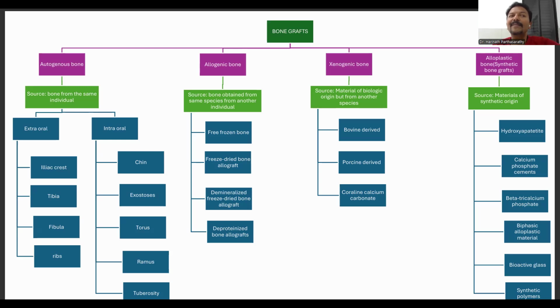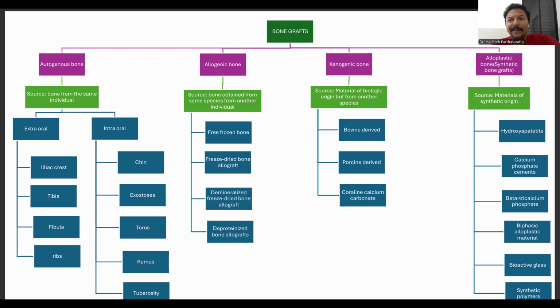So xenogenic bone grafts, as I told you, have significant advantages. They have a very similar bone structure to human bone. They are available in huge quantities. They are relatively inexpensive when compared to other kinds of bone grafts. Of course, the mild drawbacks are very rare complications like bovine encephalopathy and animal-borne diseases, which almost have no incidences anymore.